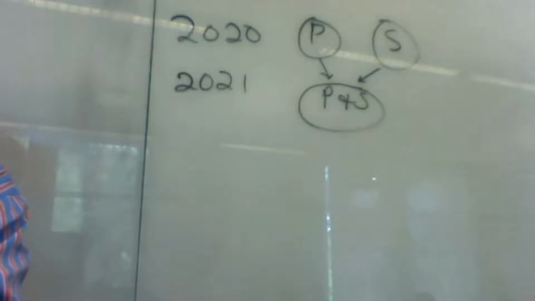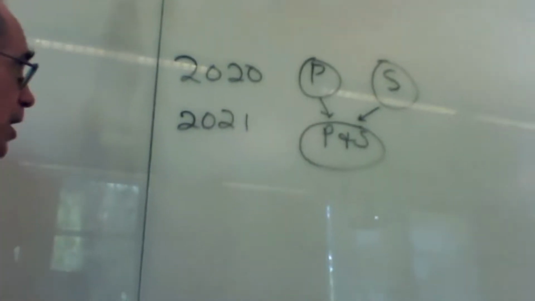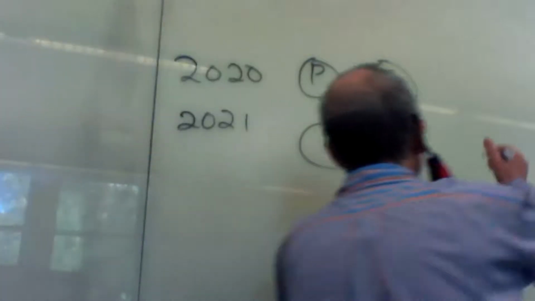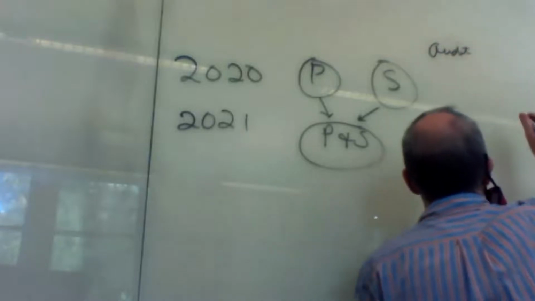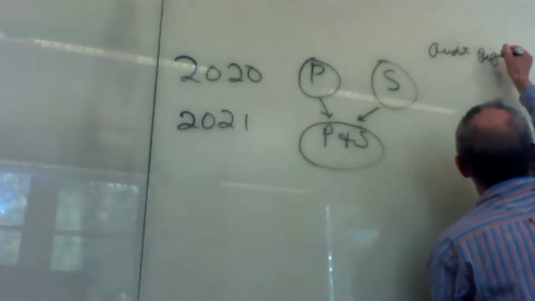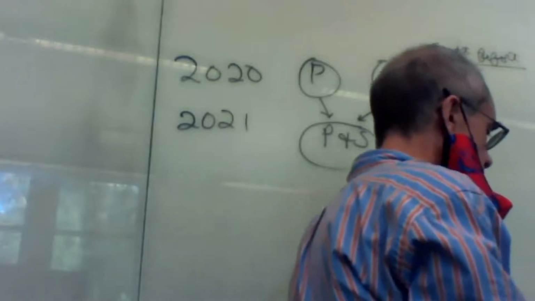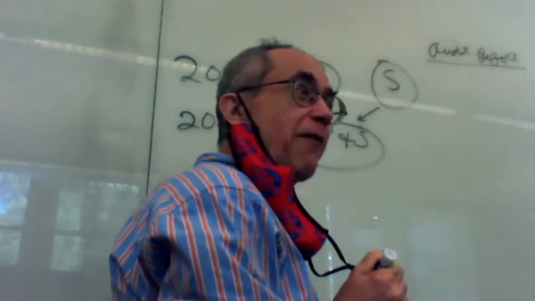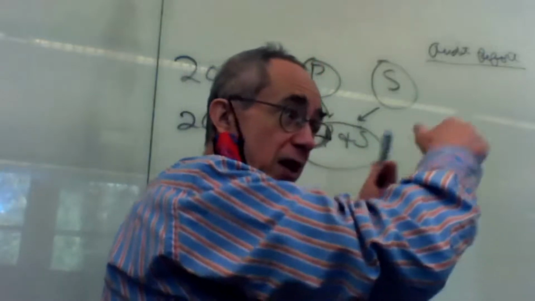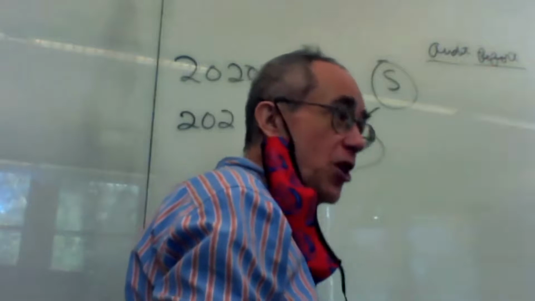So what about the audit report? Well, in 2020, the audit report will have no explanatory paragraph due to a change of accounting principle because there has been none. By the way, this change of reporting entity is like a type of change of accounting principle.